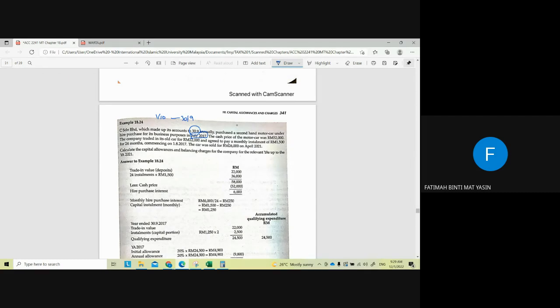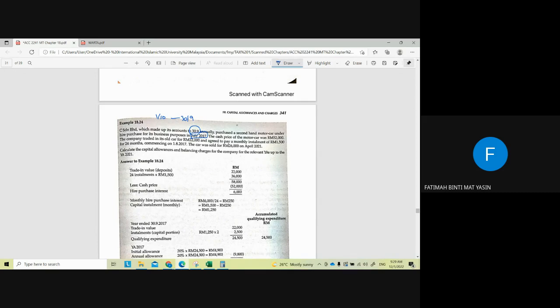You need to look at when the company can actually claim capital allowance for this car. When would be the first YA the company can claim for this car? Class, they bought in July 2017. Which YA can they claim first initial allowance and also annual allowance? Anyone?